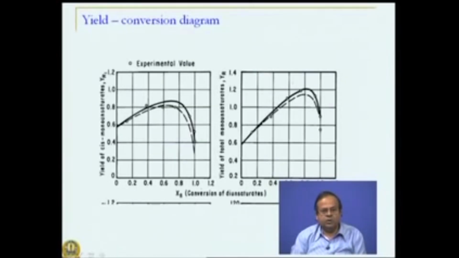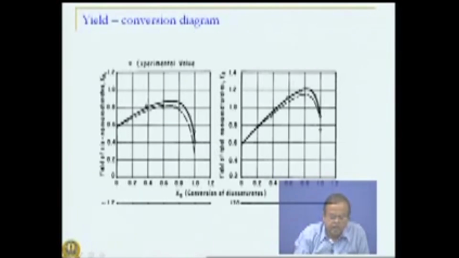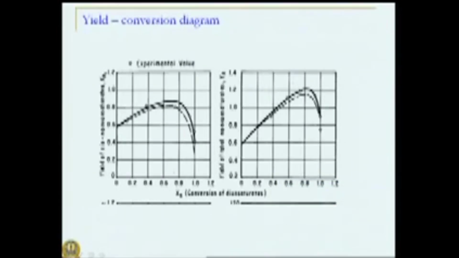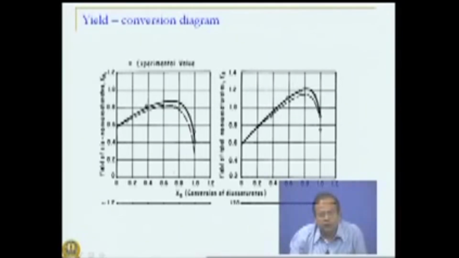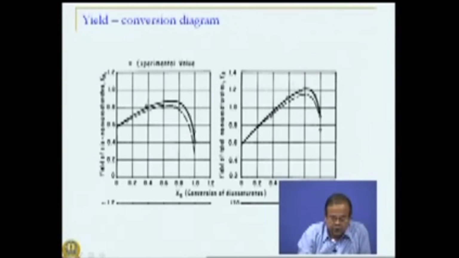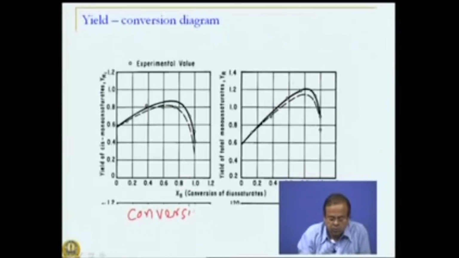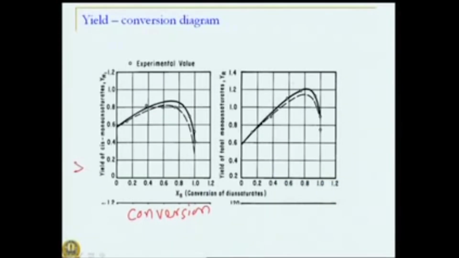The first example that you see over here is hydrogenation of oils, or unsaturated fatty acids or oils, to saturated fatty acids. And what you see on the x axis is the conversion, and what you see on the y axis is the yield of monounsaturates.